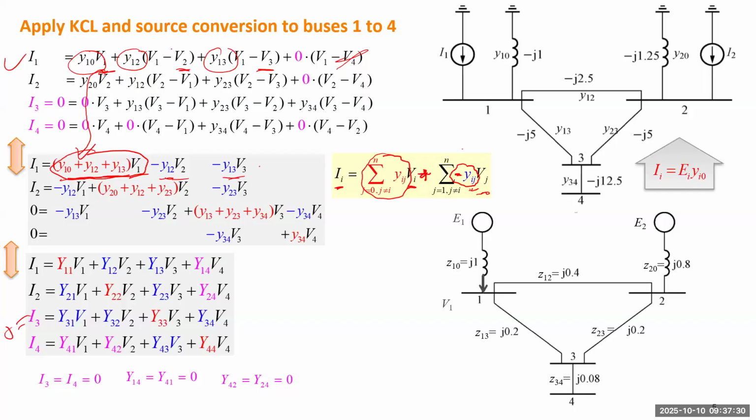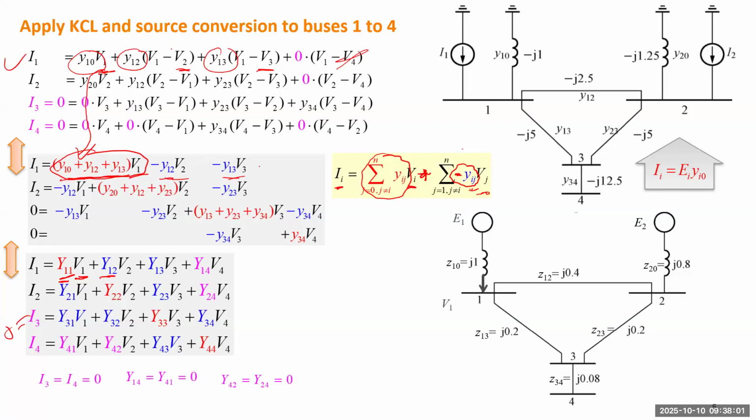Each item is simply the voltage at each bus multiplied by a coefficient. We call it a capital Y, and the subscript goes from this bus to that bus. So the first item will be Y11, which is just some equivalent admittance from bus 1 to bus 1. The second item, capital Y12, will be the equivalent admittance from bus 1 to bus 2.